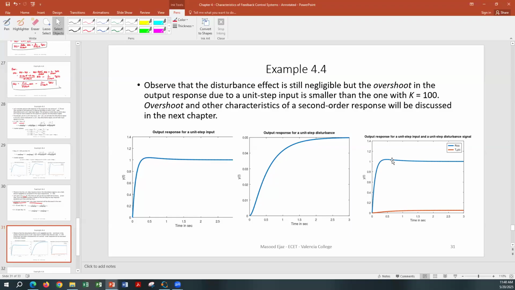So again, as a design engineer, you have to decide what you want to do. You want to have the peak overshoot and reduce the disturbance, or you don't want to have the peak overshoot and live with that disturbance.